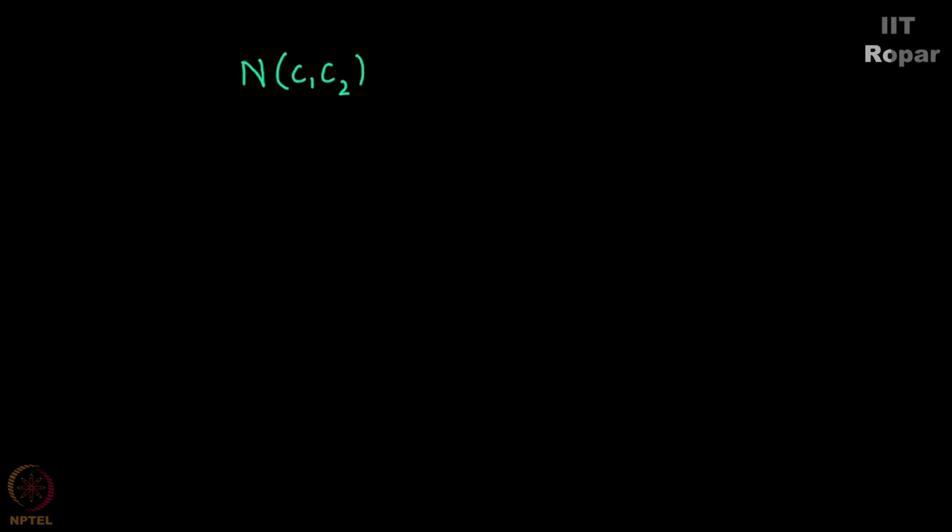N of C1, C2, what will this be? You can see that it is 3 factorial. How? Well, you must not be really stuck here because earlier you saw that one person goes to his own house. Now 2 people are going. So how many remain? 3 people. And they can be permuted in 3 factorial ways.